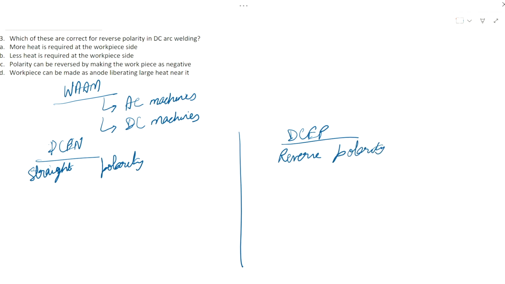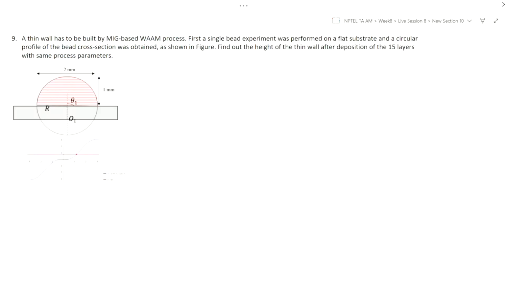More details we will explain further. So this is easy for visualization. Here we will understand the DC straight polarity and DC reverse polarity. Okay.